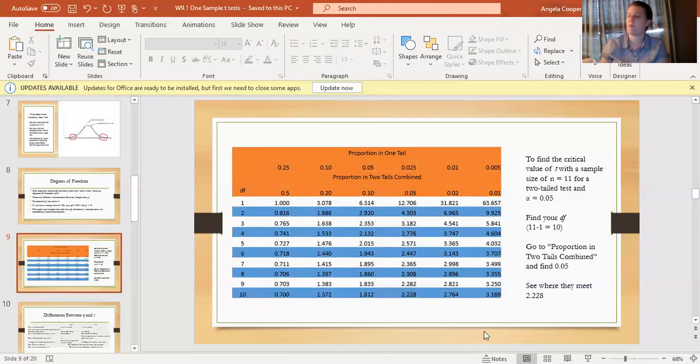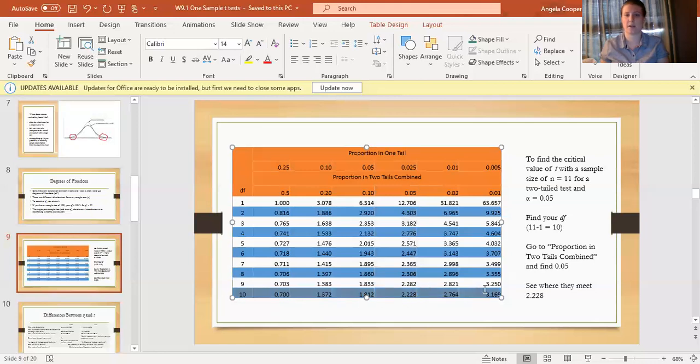So let's look at this example here. To find the critical value of t with a sample size of 11 for a two-tailed test with alpha set at 0.05, that's a lot of information that it just gave us. Let's start with degrees of freedom. Our sample size is 11, minus 1 is 10, so our degrees of freedom is 10. So here we go.